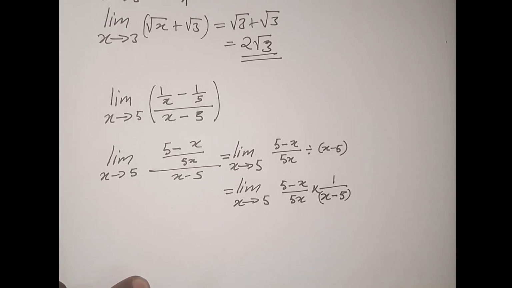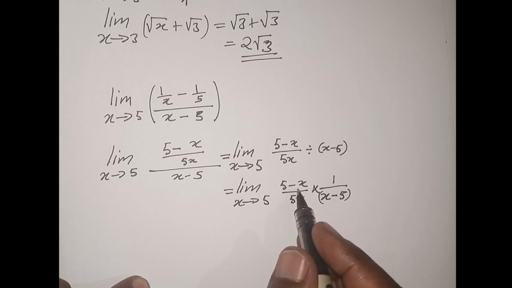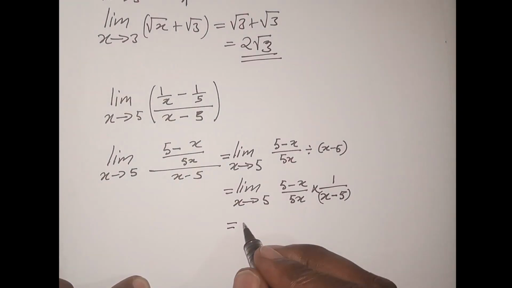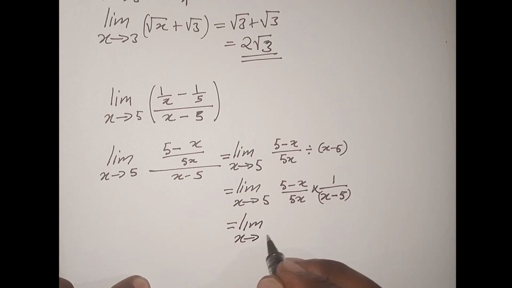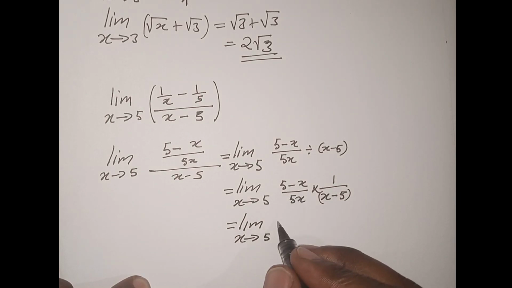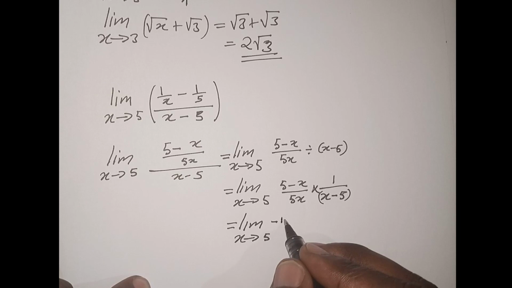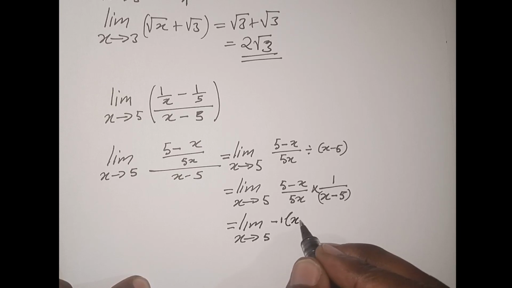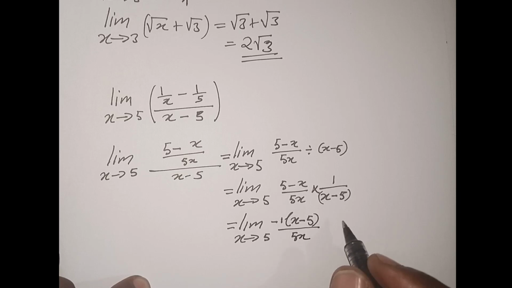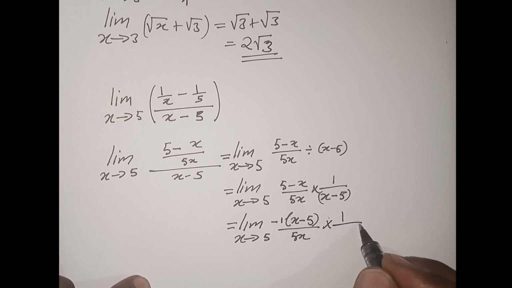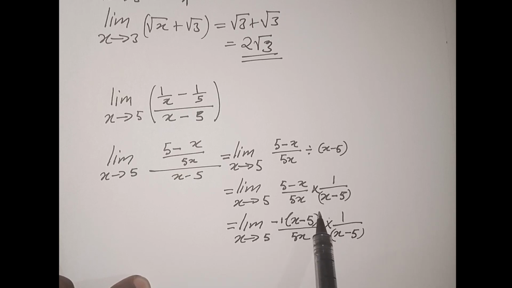And when you look at this, you can write this numerator in a different way. Look at this magic. Factorize the -1 there: -1 times (x minus 5) over 5x, and then times 1 over x minus 5. Then you identify this as being equal to this.